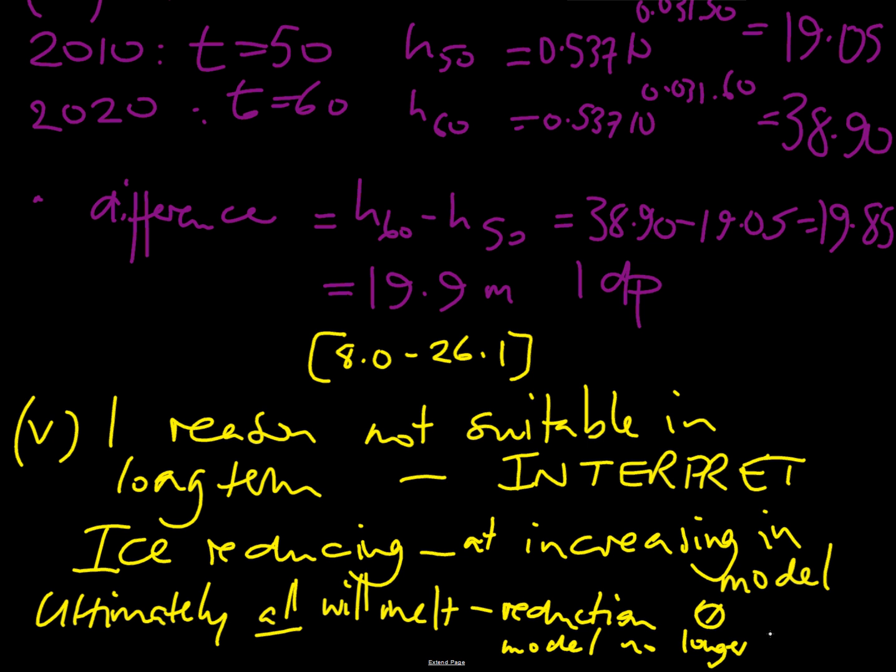Because this is an accelerating model, and at some point it's just going to hit the end. So there we are. We've got a point for that as well. So ultimately, these are pretty structured, aren't they, in their questions, and they're going to take us on the journey, and it's just like carrying out an experiment in physics or chemistry.